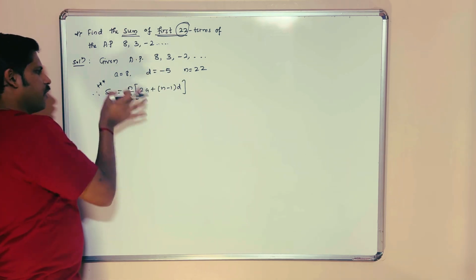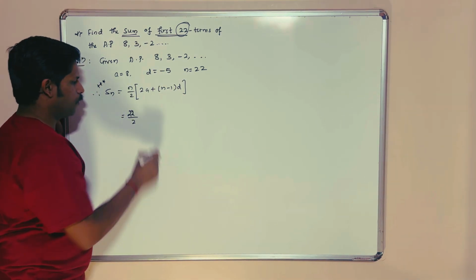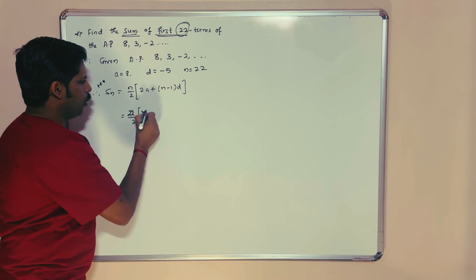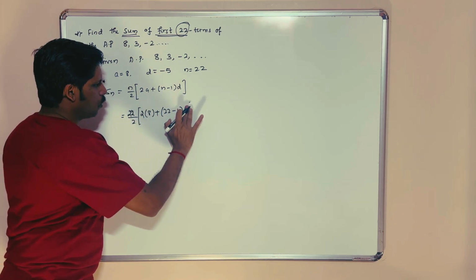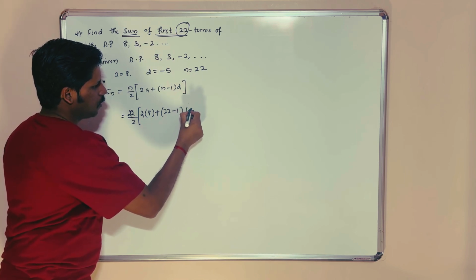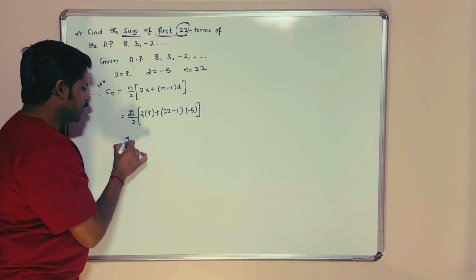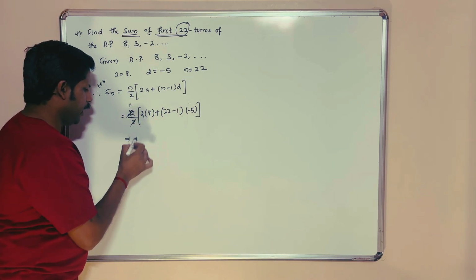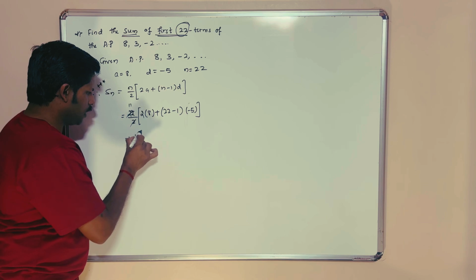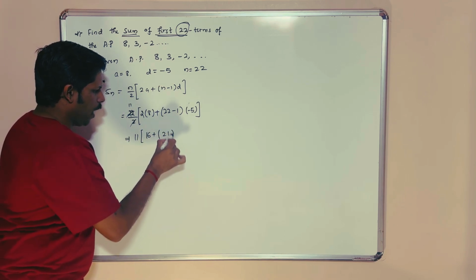So now substitute the given values. 22 divided by 2 into (2 into 8 plus (22 minus 1) into d), and d here is minus 5. Now remove the bracket and carefully simplify. 2 elevens are 22, 2 eights are 16. That is 11 into (16 plus 21 into minus 5).